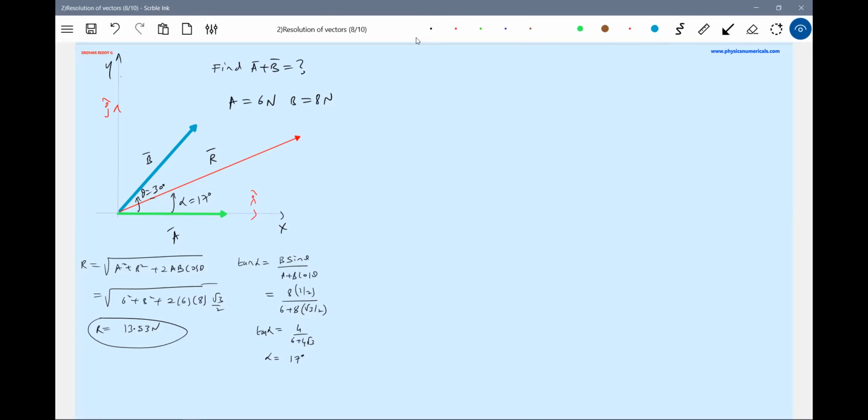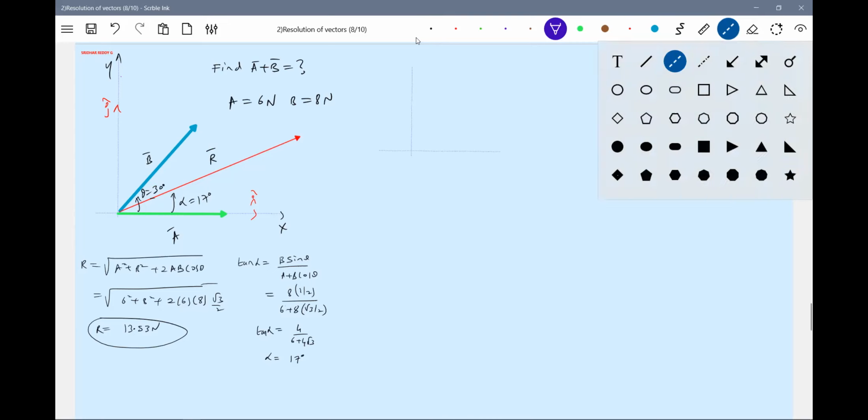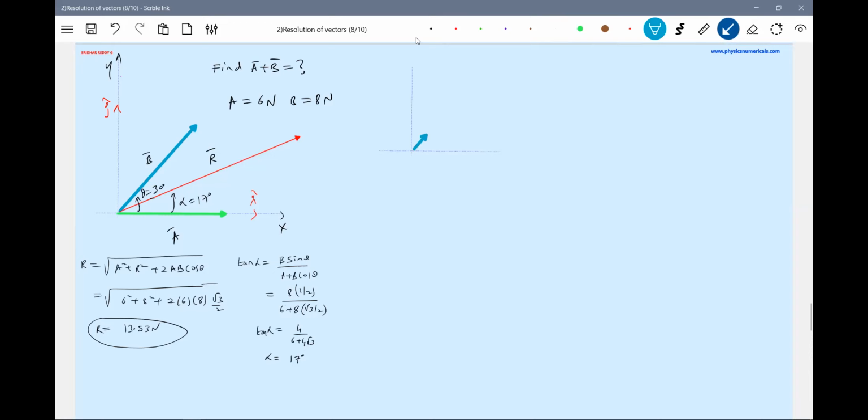If you go for the resolving of vectors, the first vector A bar is done. We have to resolve the vector B bar. That is the difficulty we have. The vector B bar is making an angle of 30° with the x-axis.